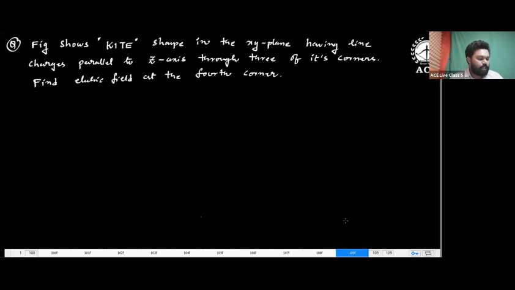This is a diagram provided in the question. I'm going to draw. Here it is x-axis, here it is y-axis. Z-axis is outside the board.